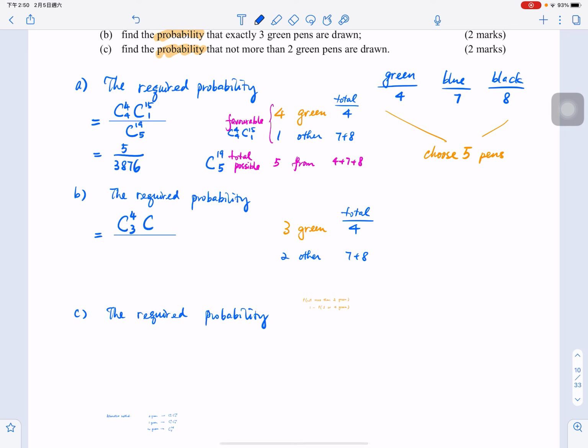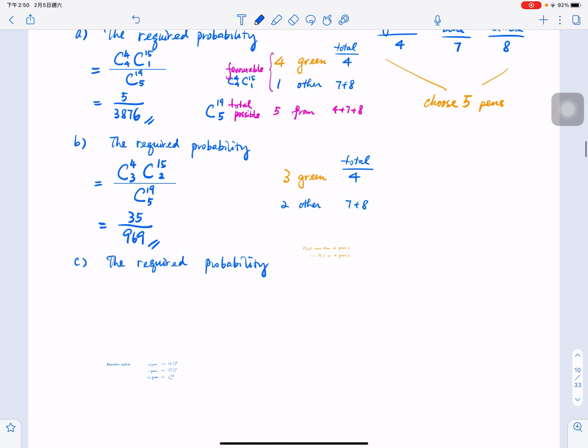And another 2 from the others, so 15C2, right? And total possible 19C5, so you get it. This time it is 35 over 969. Okay, that's great.